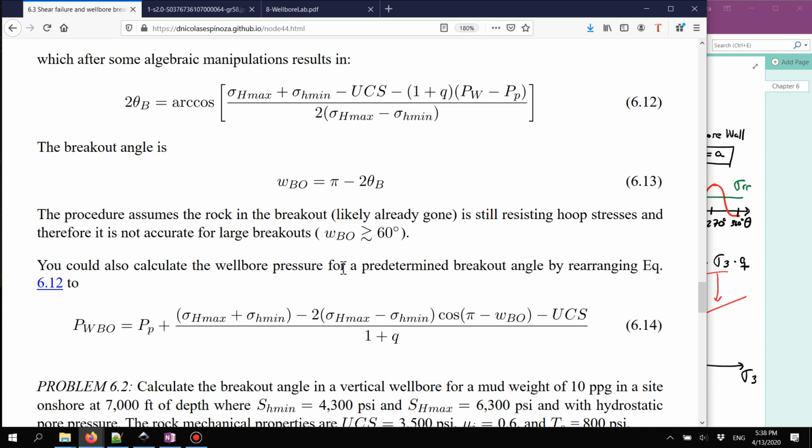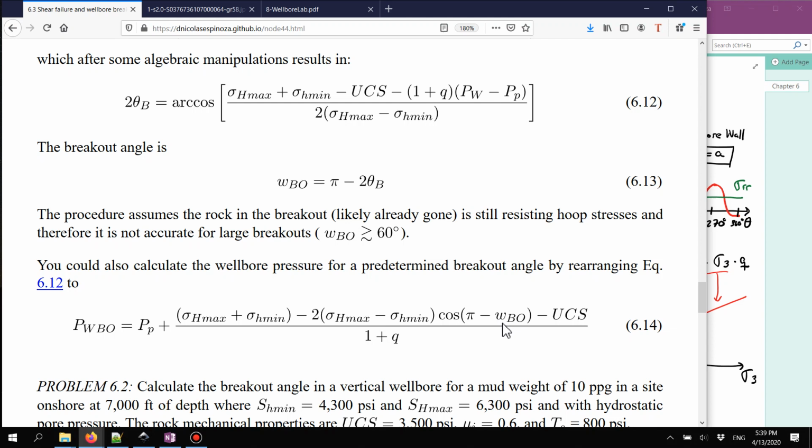For example, 60 degrees. I could say that in a place I'm going to allow a breakout angle of 60 degrees, and by inputting that breakout angle, I could calculate the wellbore pressure required, or the resulting wellbore pressure for that given breakout angle.